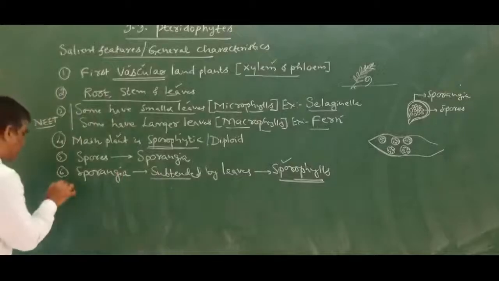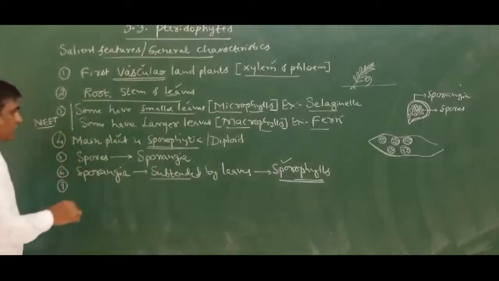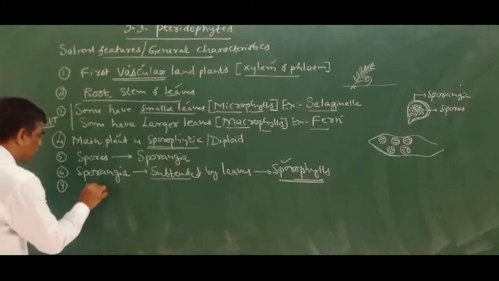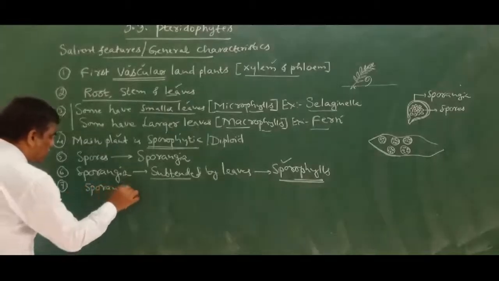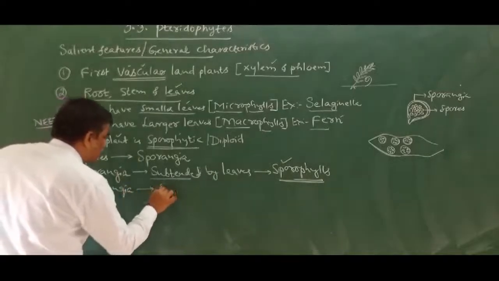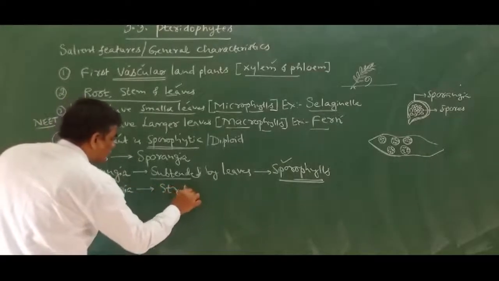But in some plants, in some pteridophytes, these sporangia are spirally arranged into a compact structure known as strobilus.